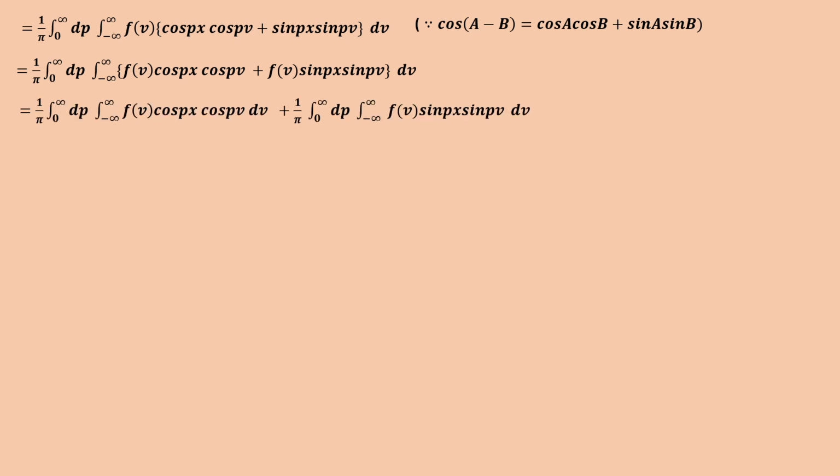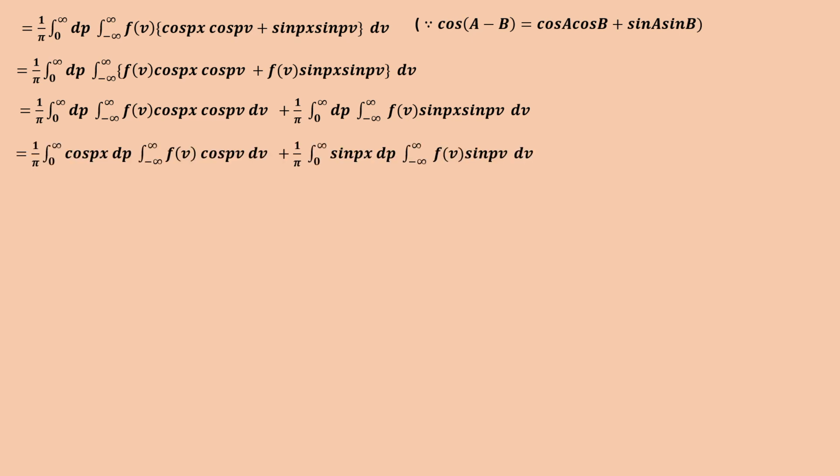Splitting the integration: 1 by pi integral 0 to infinity dp integral minus infinity to plus infinity f(v) cos px cos pv dv plus 1 by pi integral 0 to infinity dp integral minus infinity to plus infinity f(v) sin px sin pv dv, which is equal to 1 by pi integral 0 to infinity cos px dp integral minus infinity to plus infinity f(v) cos pv dv plus 1 by pi integral 0 to infinity sin px dp integral minus infinity to plus infinity f(v) sin pv dv.